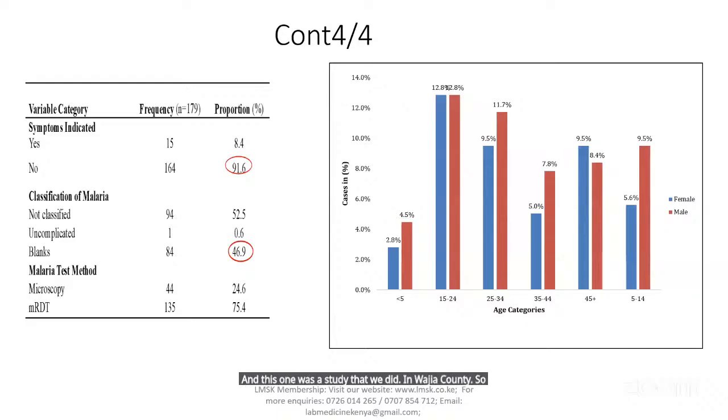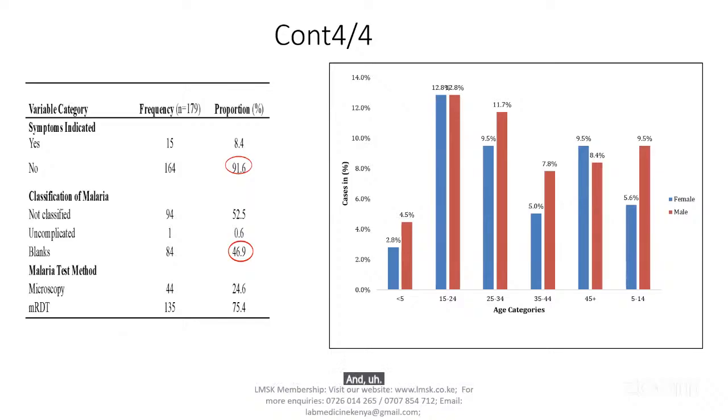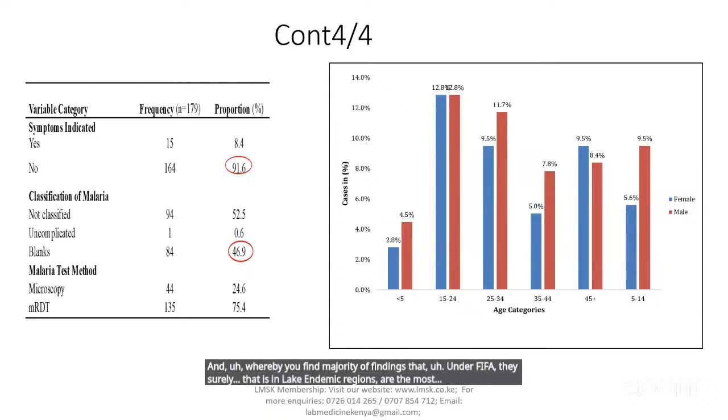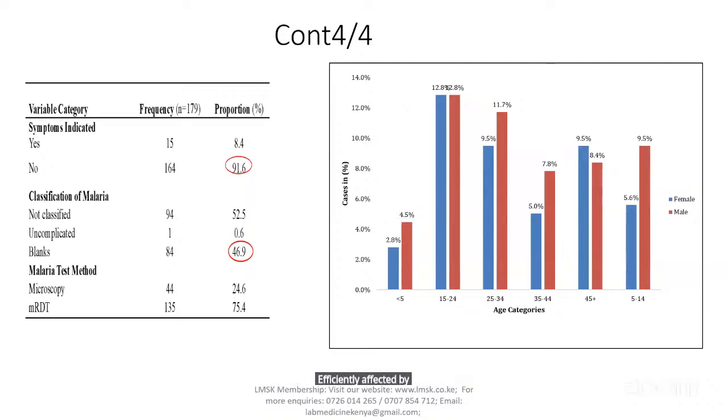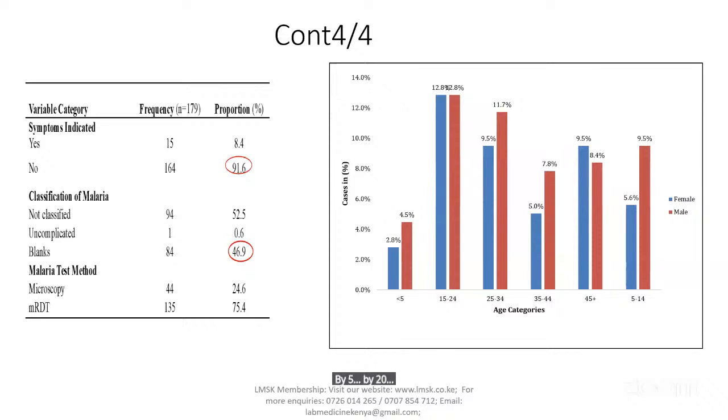So this one doesn't align with the majority of the findings, whereby you find that under 5 are usually, that is in lake endemic regions, the most affected by malaria. But in Wajir, it was 15 to 24, followed by 25 to 34, then 5 to 14, then under 5 were the least affected.